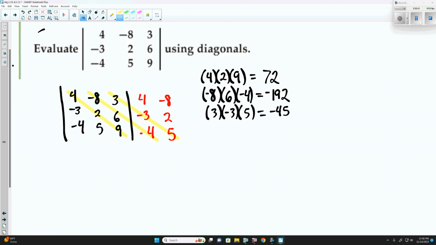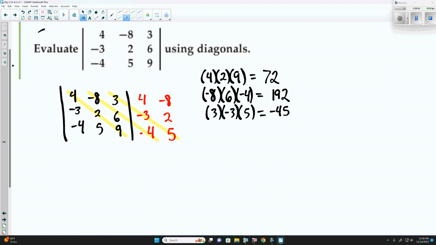This middle one should be positive, because it should be negative 8 times 6 times negative 4. I rewrote it without that one negative. And unfortunately, that one negative sign will make a massive difference.